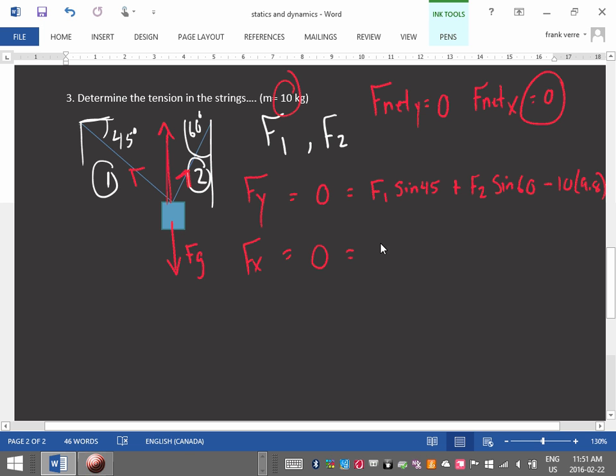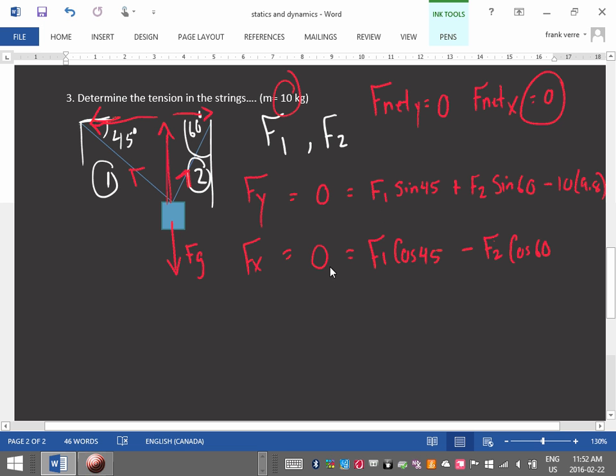So we could say cable 1 times this component, which is cosine 45, minus cable 2 and this component, which is F2 cosine 60, has to equal what?